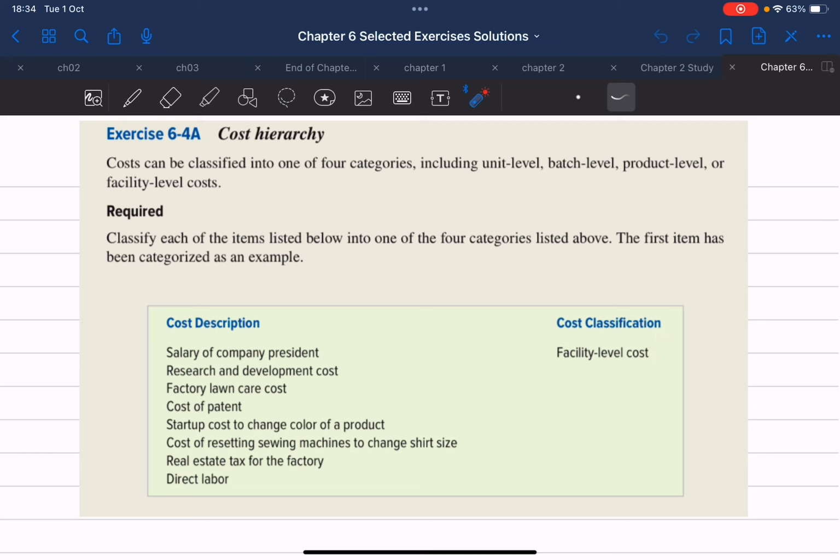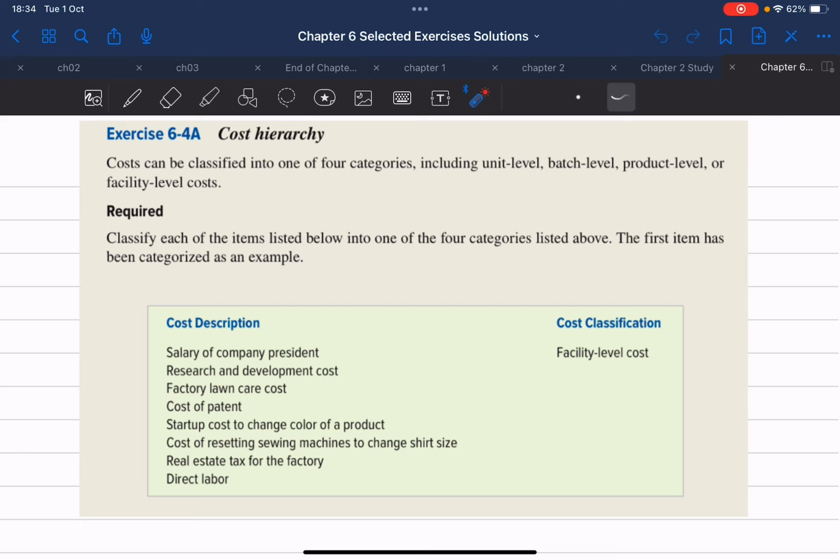So we have a salary of company president, and this, of course, is classified as a facility level cost, because whenever we have a company president, his salary as a cost does not really relate to only one product or two products. It doesn't really relate to a specific unit. It is necessary to keep the business going, right?